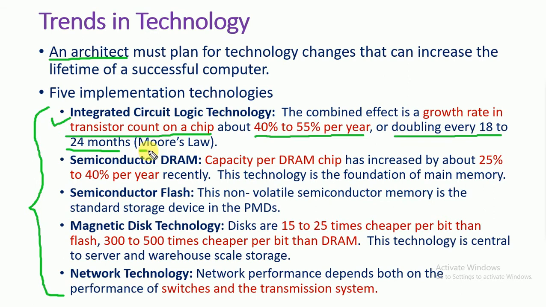A scientist called Moore defined a law stating that the number of transistors must be doubled, or increased at a good rate, every year.